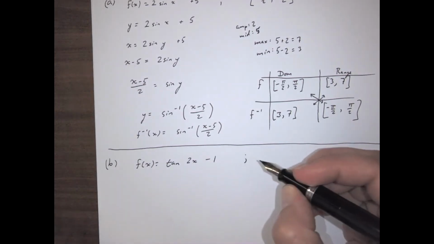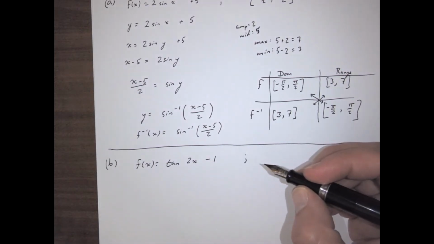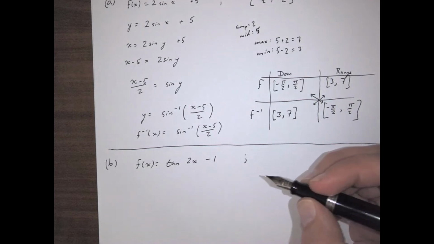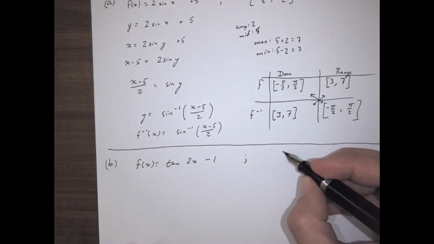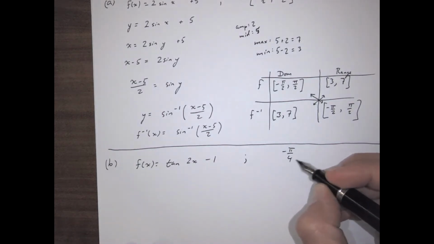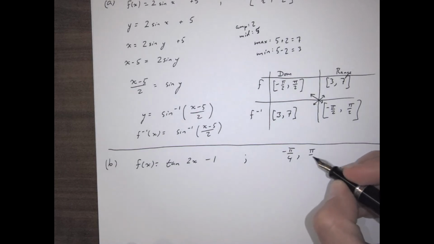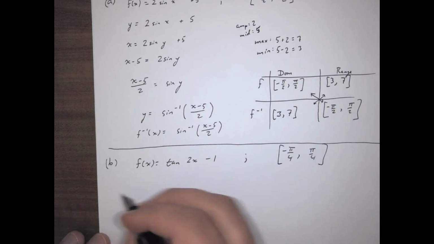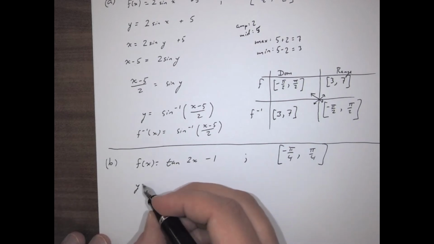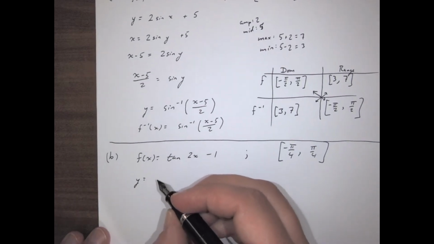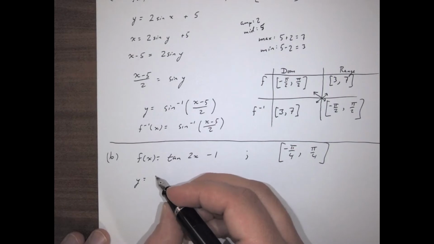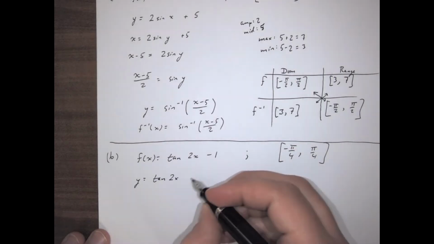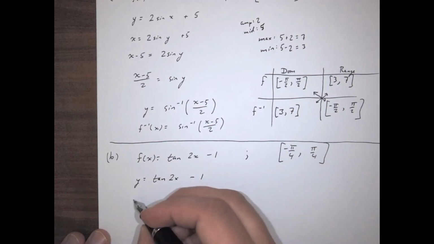And let's say that the domain that we are going to be given here is going to be negative pi over 4 to pi over 4. Alright. Now, the way we do this, it's all very stereotyped. We just start, we replace the f of x with a y, just so that we have a y in here. Then we switch x and y.